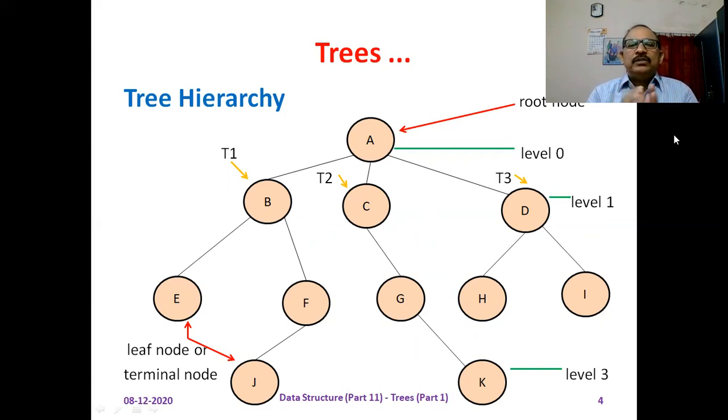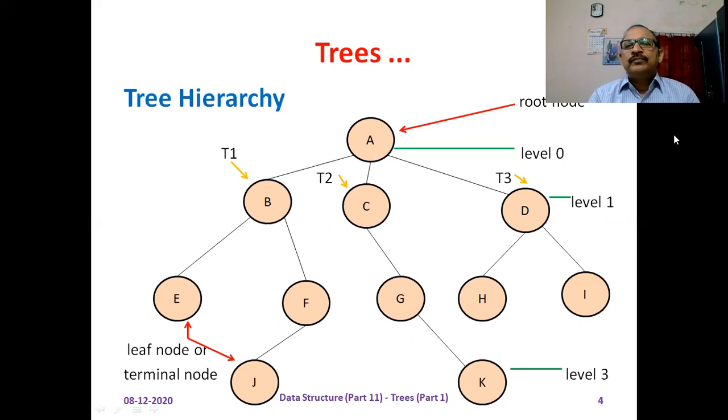Here in this figure, you can see A is the root node. If root is not empty, then T1, T2 and T3 are the subtrees of the root node.